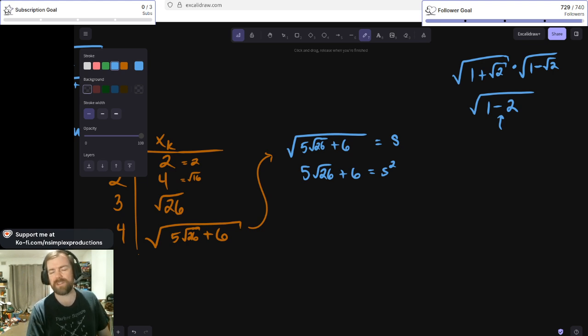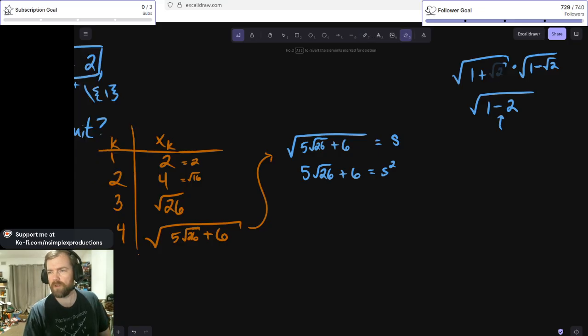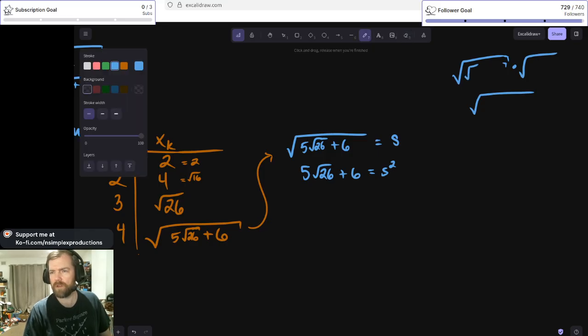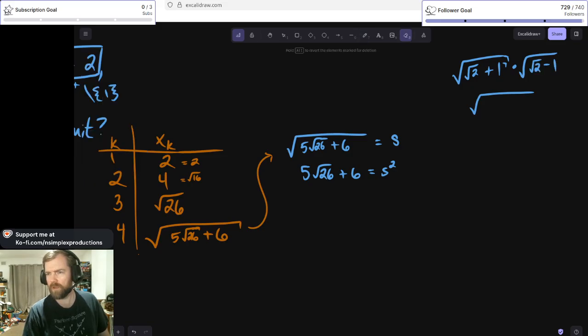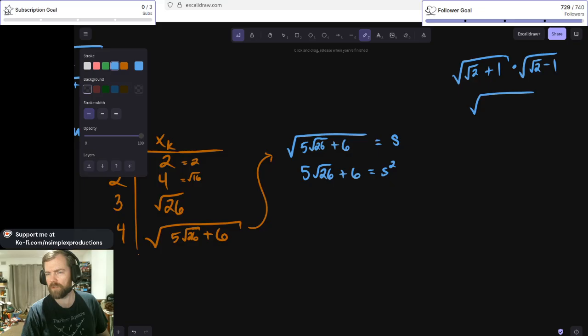Yeah, it was the other way around too. So doing this, multiplying by the irrational conjugate, should then allow us to end up with, this is 2 and this is a minus 1. So this is just going to be the square root of 1, which is just 1.